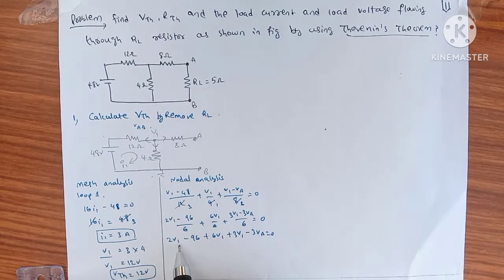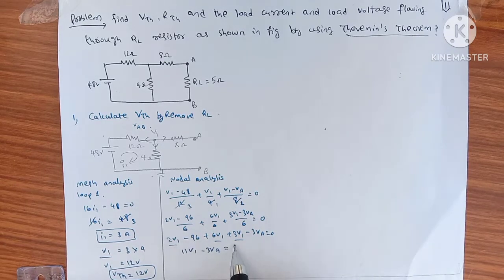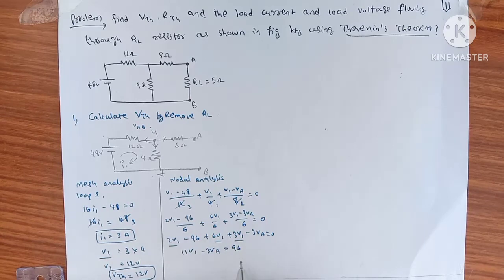Here I am writing V1 as common. So 2 plus 6 is 8, 8 plus 3 is 11V1 minus 3VA. I am sending this 96 to the other side, so it is equal to 96.